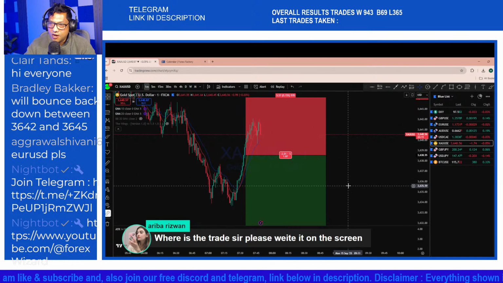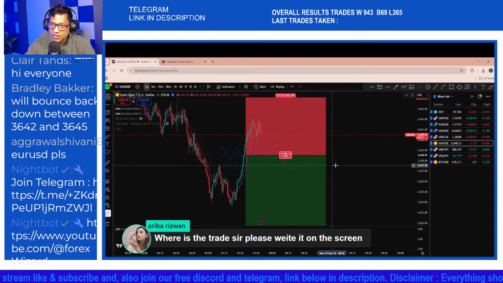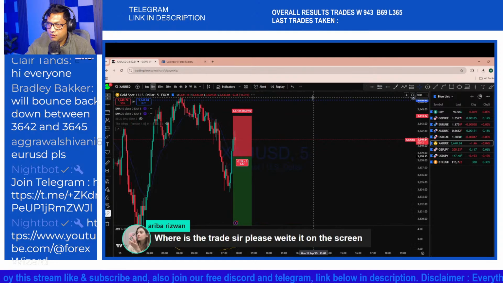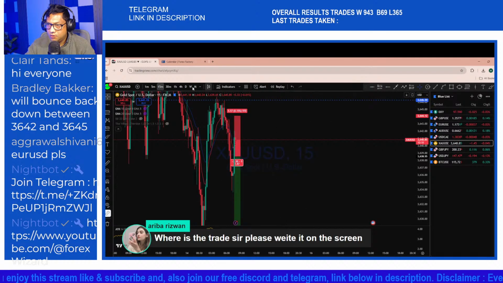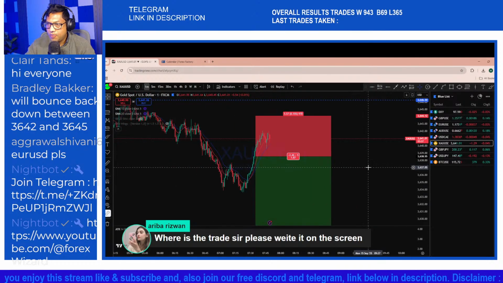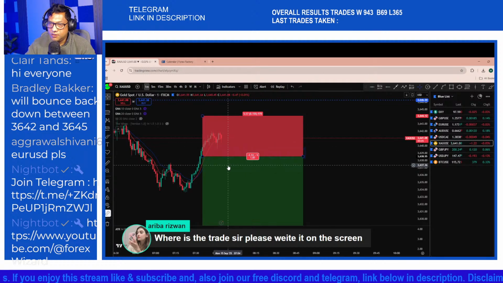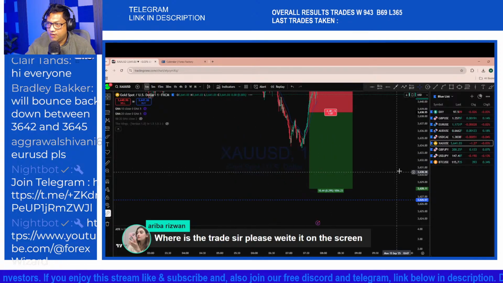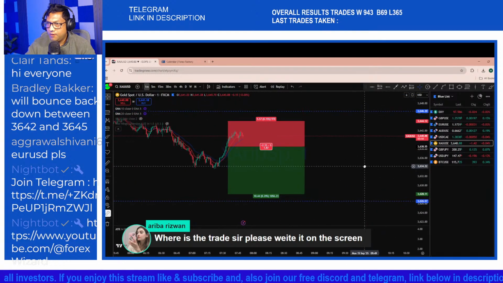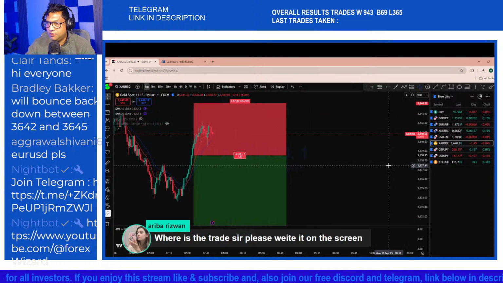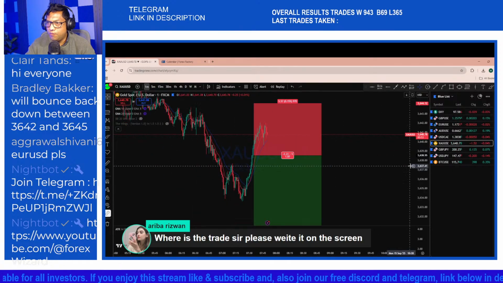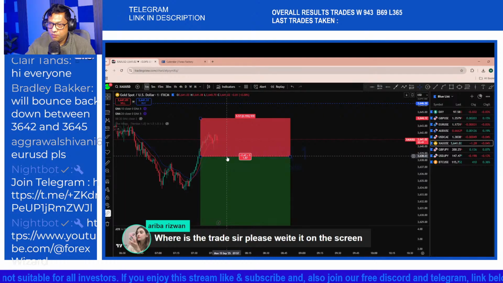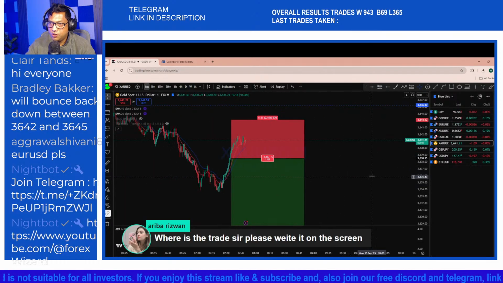Here's the market currently showing up, and we can see that drop in the market. What we're looking at is the price potentially dropping down to this key level of support in that area. We see there is a double top, which is potentially a possible move to this key level of support.